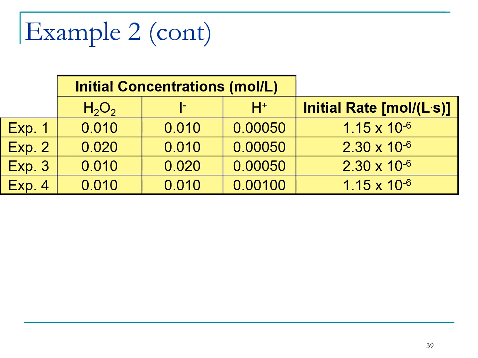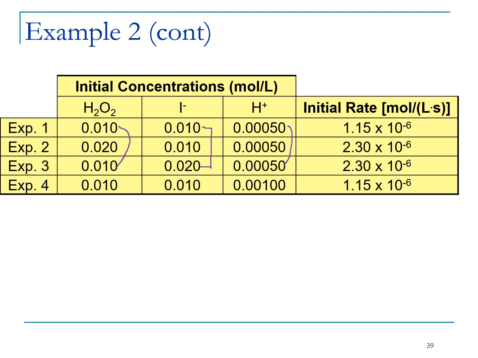So for I negative, and here's where you really want to be careful. Trial 1 and 2 change the H2O2. Let's skip over trial 2 and let's look at 1 and 3. So in 1 and 3, H2O2 stays the same, and H plus also stays the same. And now we're changing I negative.